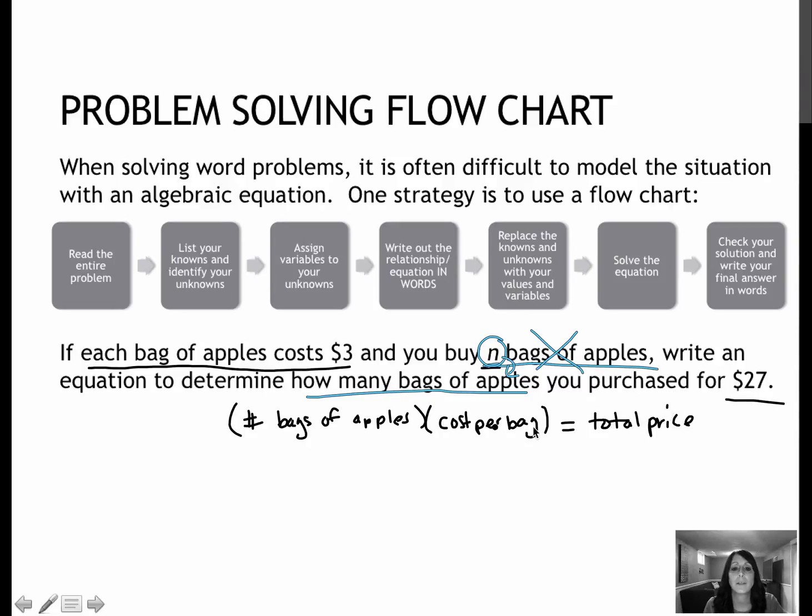So that step is basically taking the entire relationship of the question and putting it into a sort of equation. And that step is super duper important.